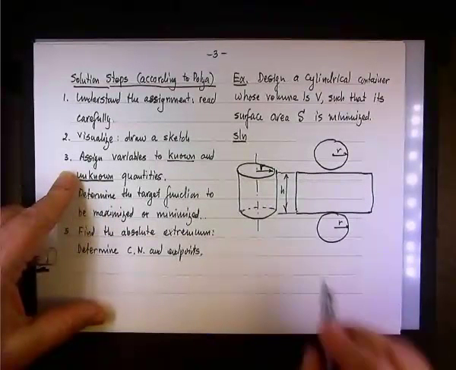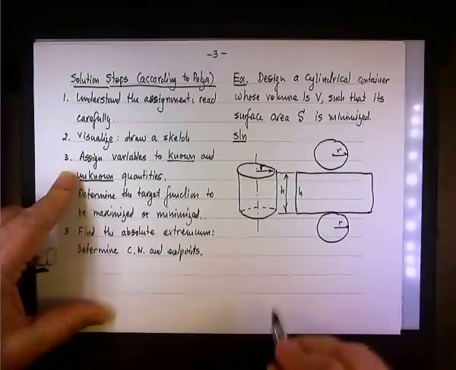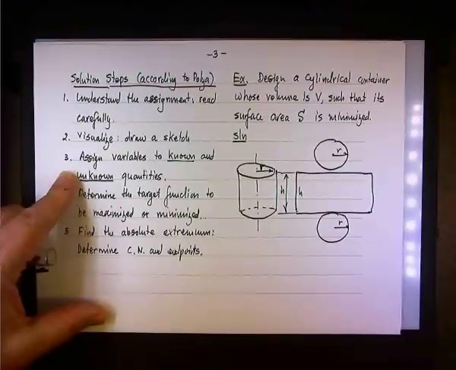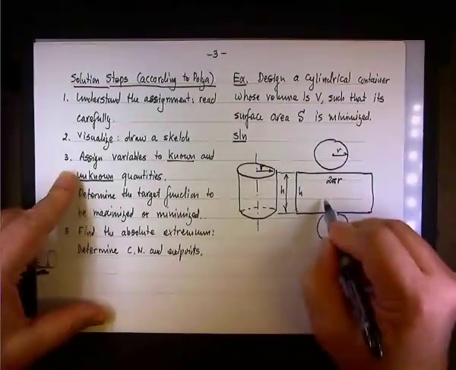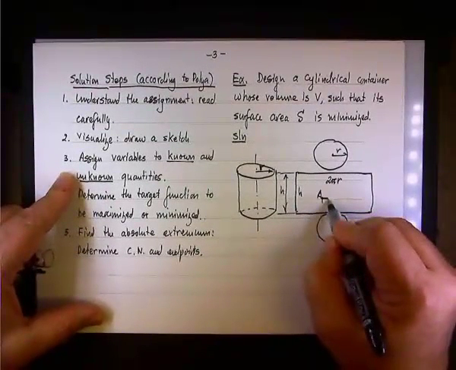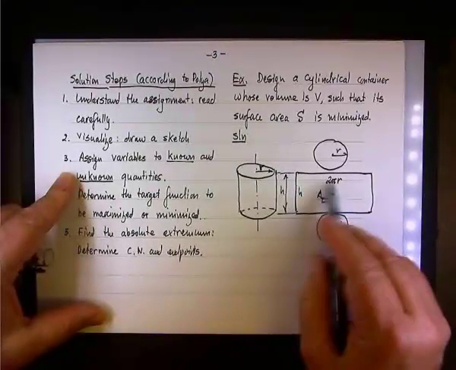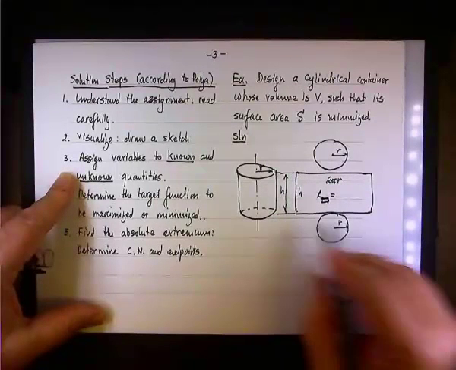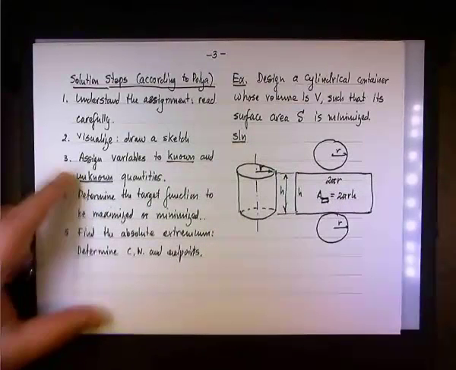What about the length of this rectangle? Well, we know the width is h, the length is the circumference, which is 2 pi r. And the area here, let's call it a rectangle, is the circumference times the height, so it will be 2 pi r h, right?